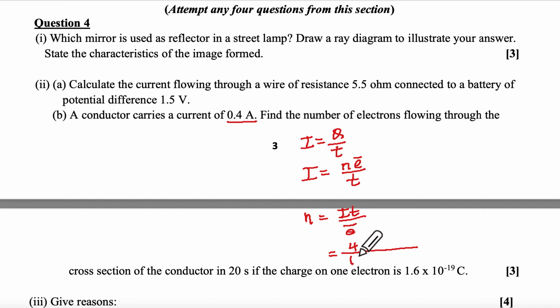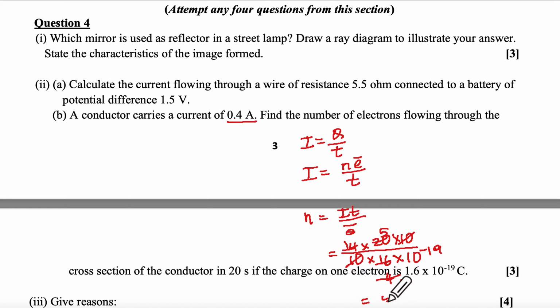I is how much? 0.4. That means 4 upon 10. Time is 20 seconds. And this is 1.6 into 10 to the power minus 19. This and this got cancelled. 4 ones are 4, 4 fives are 20.